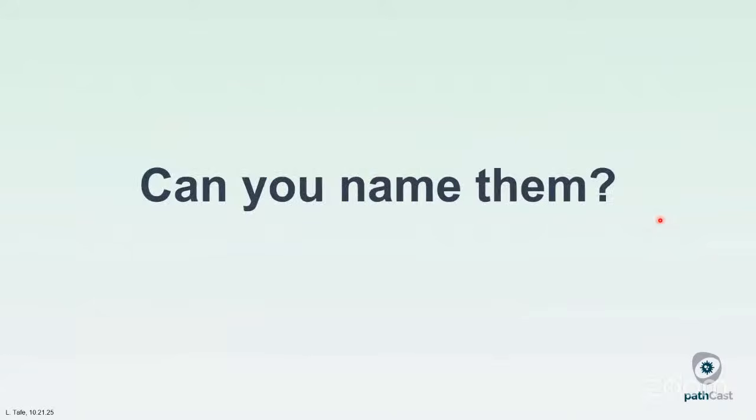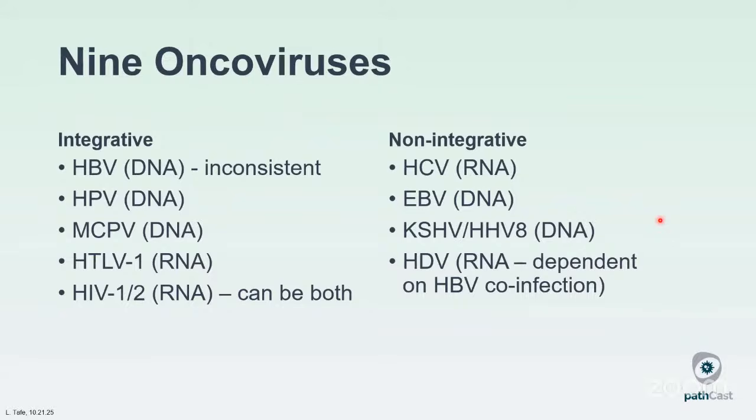The next question, now that we have nine viruses to talk about, can you name them all? We will continue to move this along so we can have some time for discussion. So here are the 9 oncogenic viruses. They can be integrative, which means that they do have the capacity to integrate into the host genome, or they can be non-integrative.